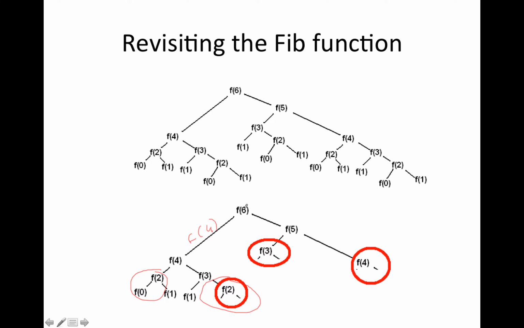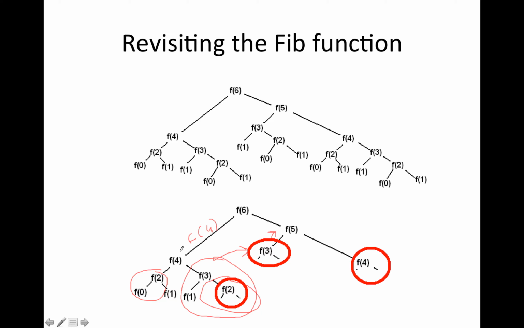And the tree goes back up, so now we have the value for f of 4 here on this edge. To calculate f of 6, we need f of 5, which in turn needs f of 3. But this entire f of 3 had been calculated here, so we have this value here. So we can instantly go back up and calculate f of n minus 1 for f of 5, which is f of 4.